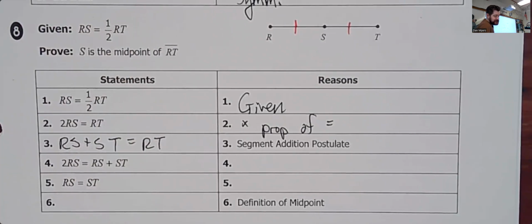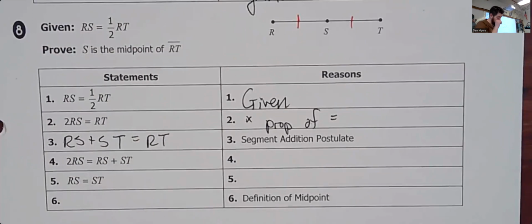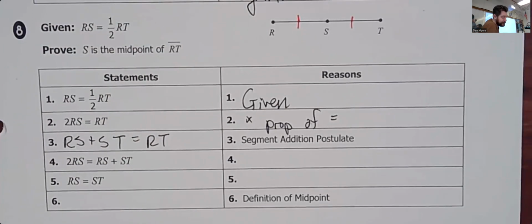Now, we have twice the measure of RS is equal to RS plus ST. Yeah, it's got multiplication and addition, but the previous one also had addition, so it's not going to be addition, because these two things are still the same things being added.